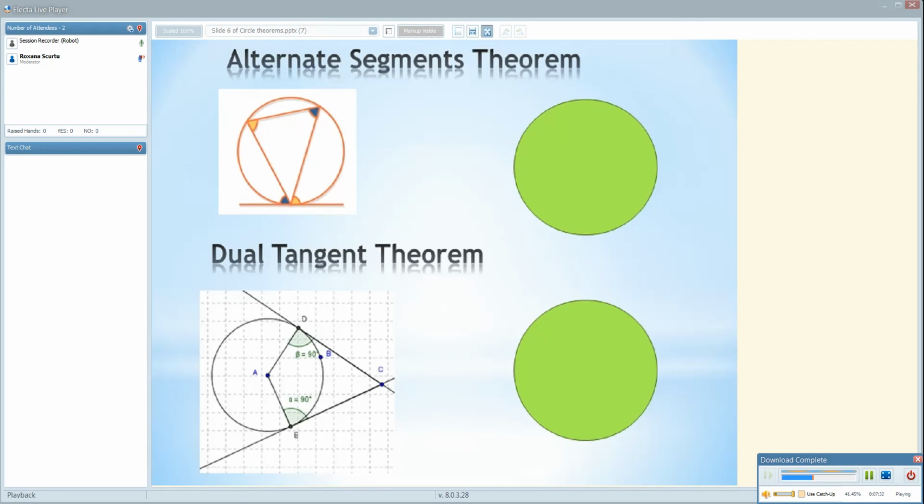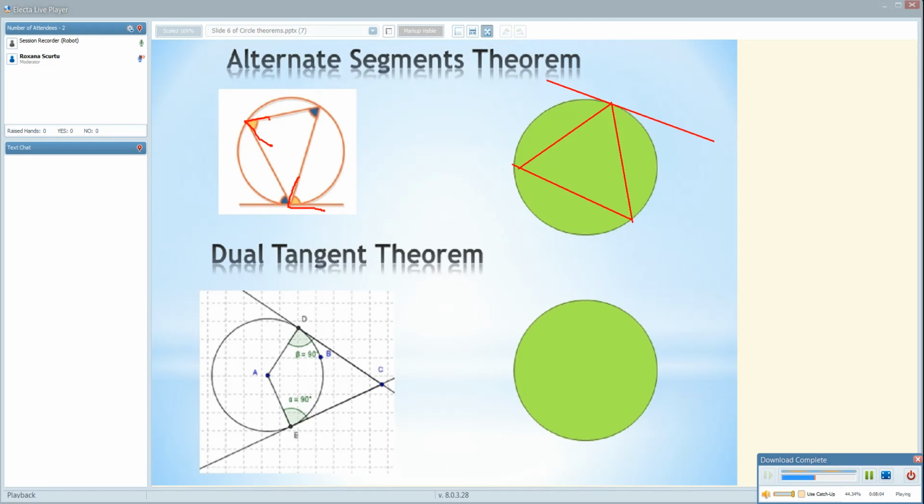Okay, alternate segments, yeah? Alternate segments. So as you can see, if there is a triangle and there is a tangent to this triangle, both angles going in this direction are going to be equal. Yes, I'm going to make another drawing for you. 1, 2, 3, and let's have the tangent here, yeah?